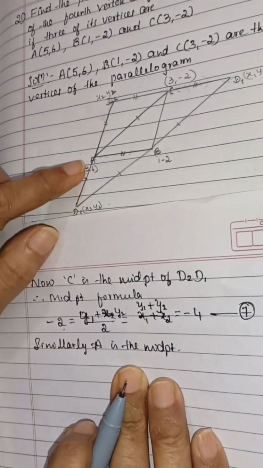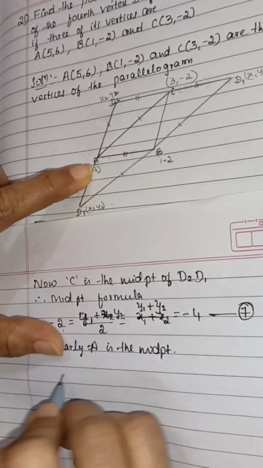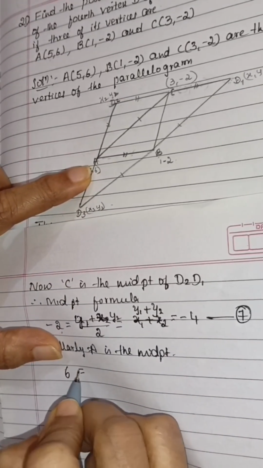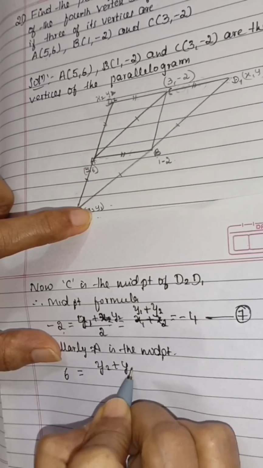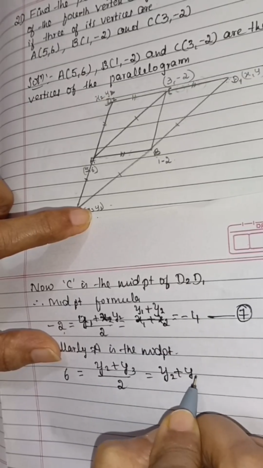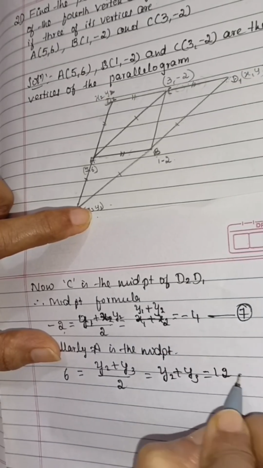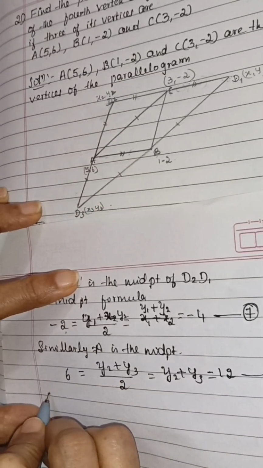Similarly, A is the midpoint. Therefore A, y coordinate is 6, that is y2 plus y3 divided by 2. That is y2 plus y3 is 6 twos are 12. Equation number 8. And B is the midpoint.